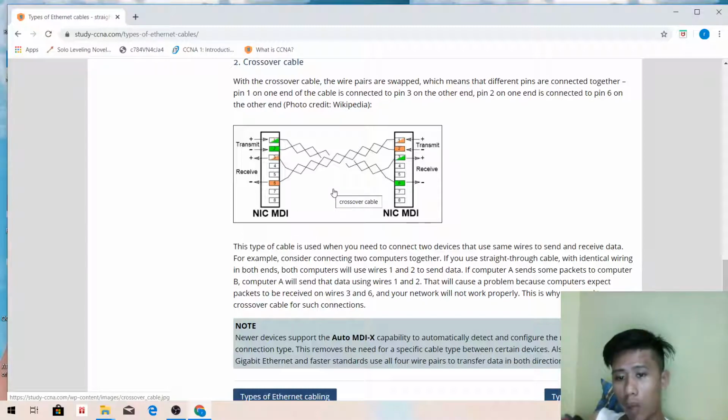That will cause a problem because computers expect packets to be received on wires 3 and 6. So, your network will not work properly. This is why you need to use the crossover cable for such connections.